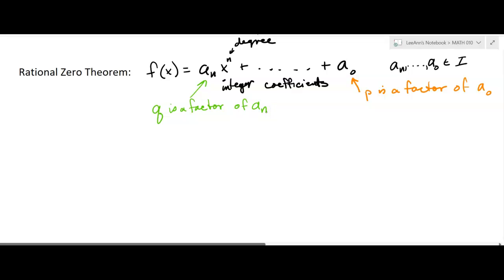And then what we're going to say is that if you take P over Q, then you're going to get the possible rational zeros. It doesn't tell you what the zeros are, but it narrows down the selection.